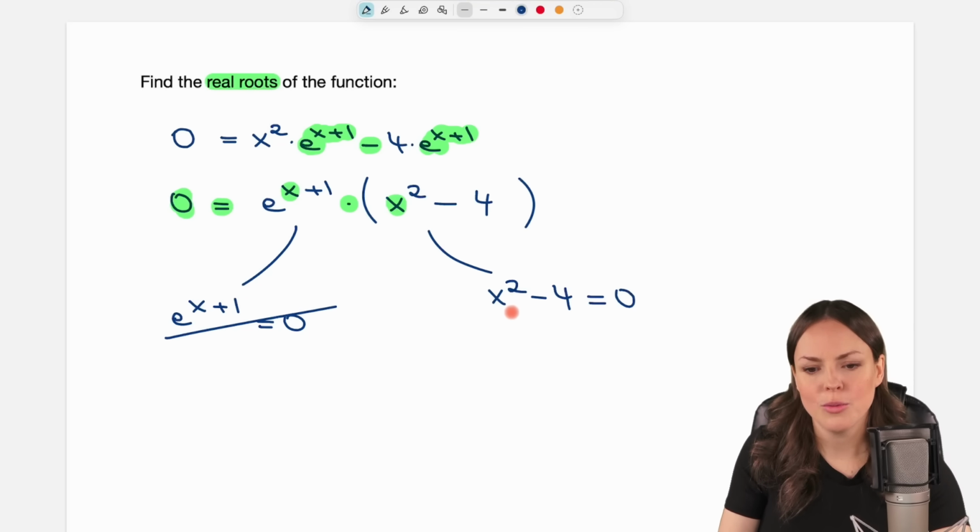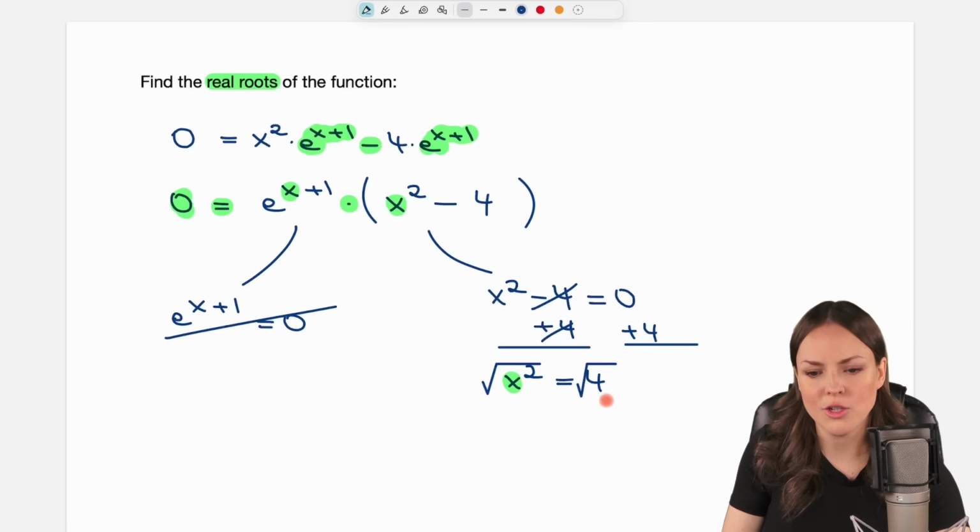And here, this is a quadratic equation. We can add 4 on both sides of the equation first, so that we have x squared by itself on the left side. Here we have 4. To solve for x, we have to get rid of the square here. So let's take the square root on both sides of the equation.